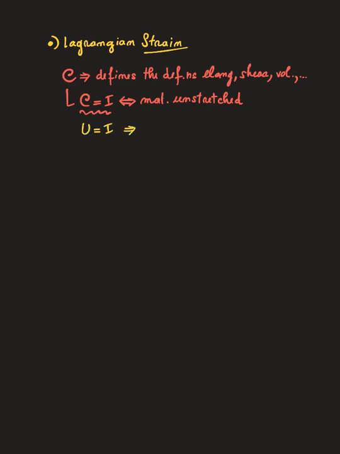And this means that the gradient of deformation, which normally is equal to R applied to U, is simply equal to R. So the deformation in this case is simply a rotation. In other words, you locally are not stretching anything.